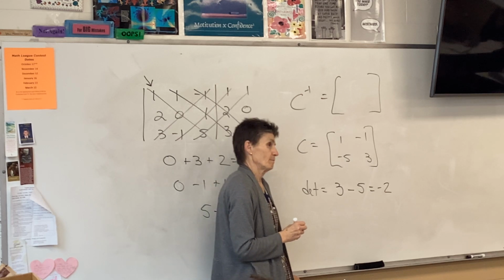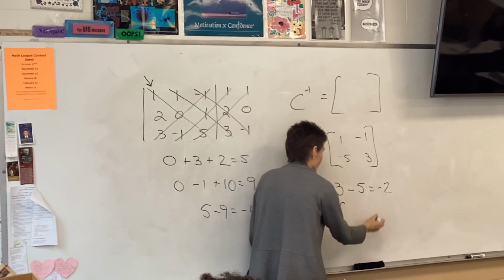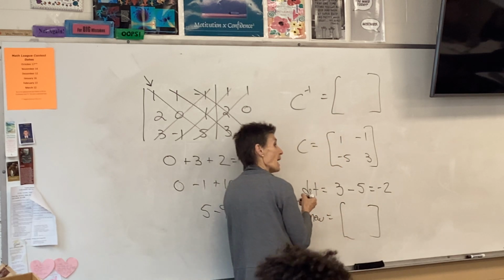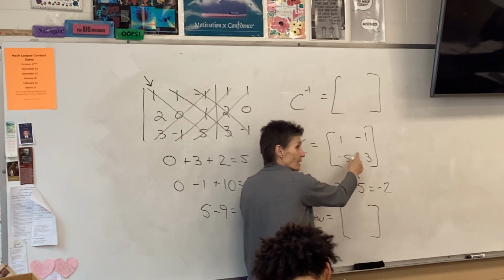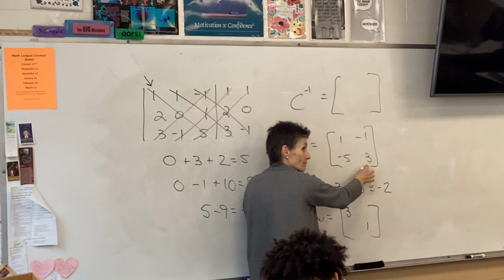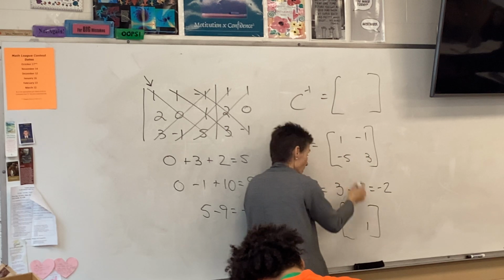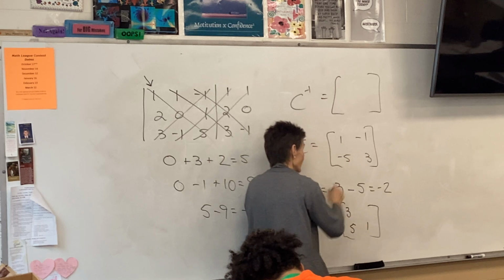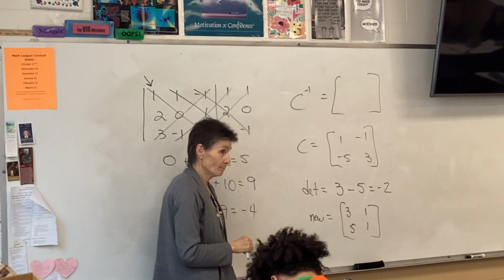Then what do I do? I make a new matrix. And how do I make it? I take these two numbers and flip them, so 3 and 1. And then that's a negative, so it becomes a positive. That's a negative, so it becomes a positive.